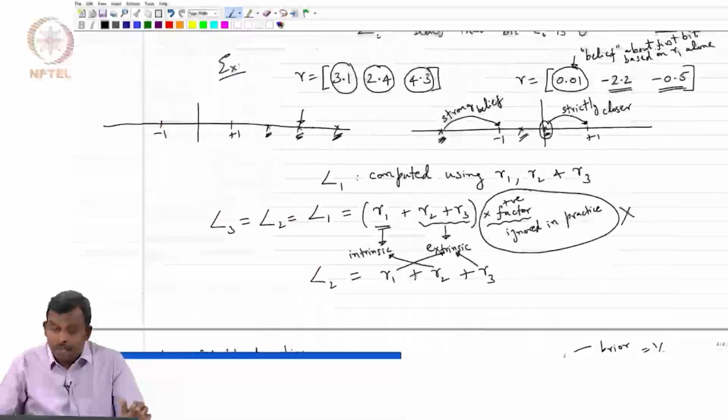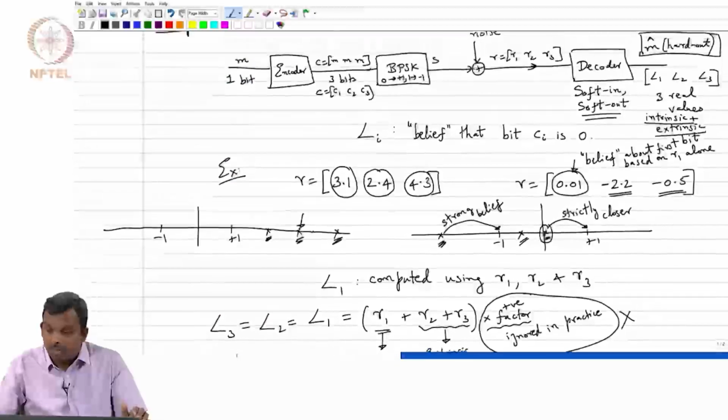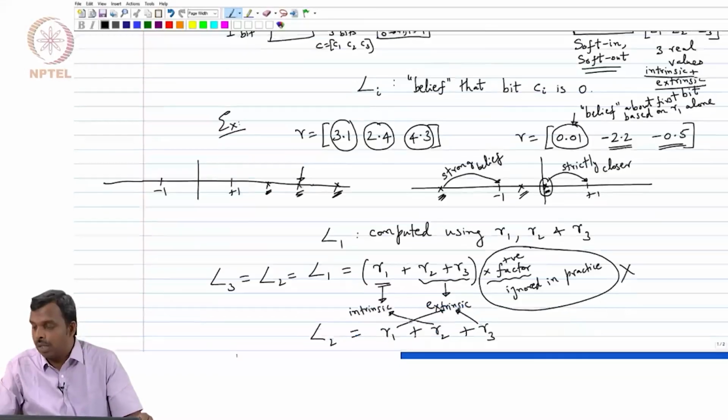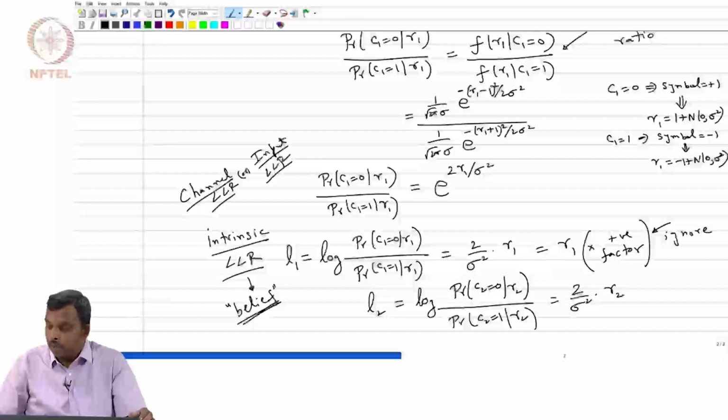Now, like I said, I am interested in a final belief which is a combination of all the three received values. So for that, what I need to do is the following.